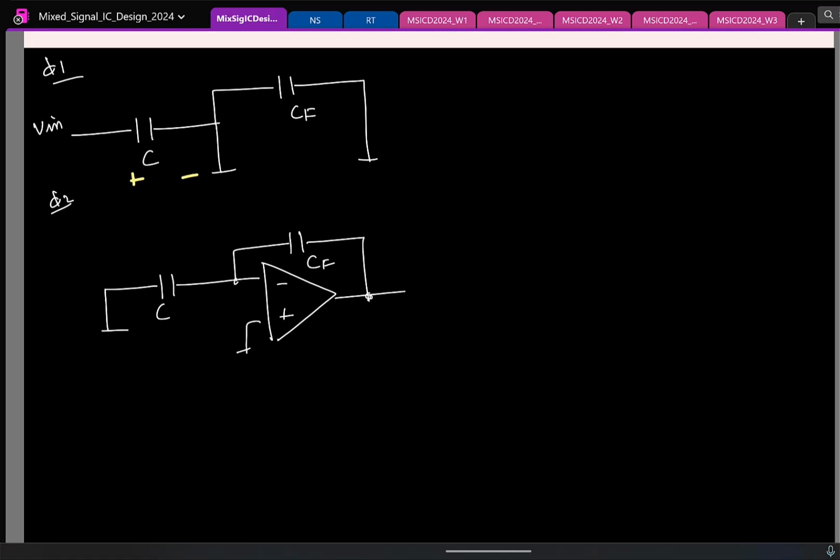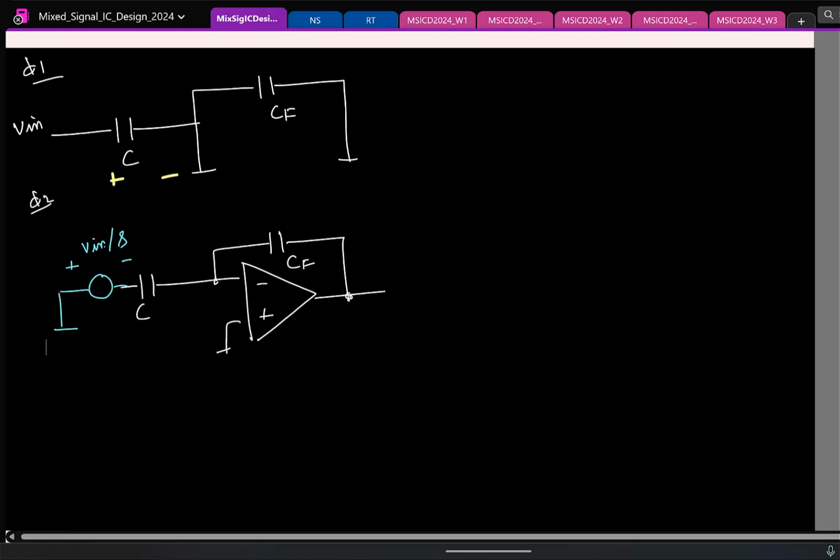So the initial voltage this capacitor C has can be modeled like a voltage in series with it, in the same polarity. So this is Vin times U of t, or if you use Laplace, that becomes Vin by S. Now we can solve for this.